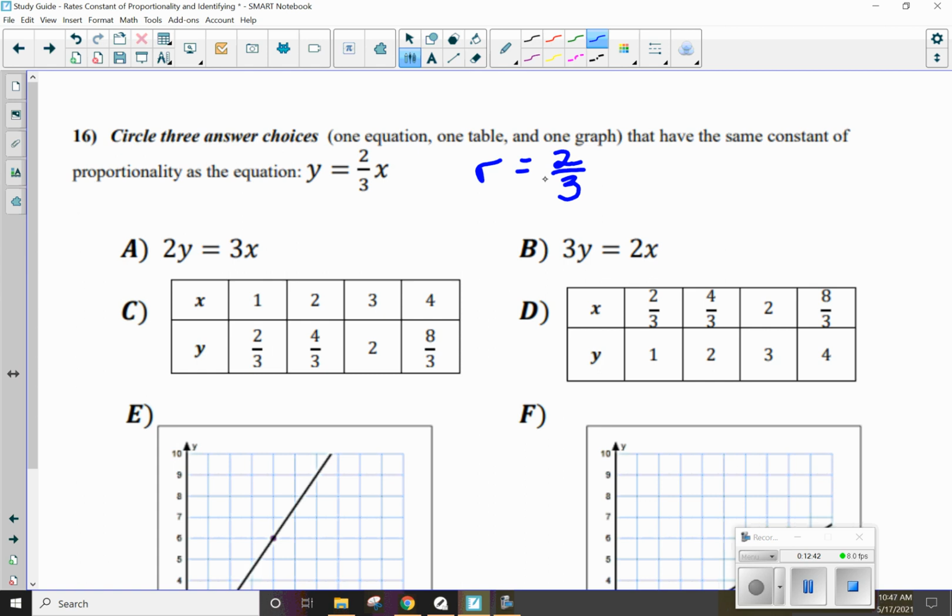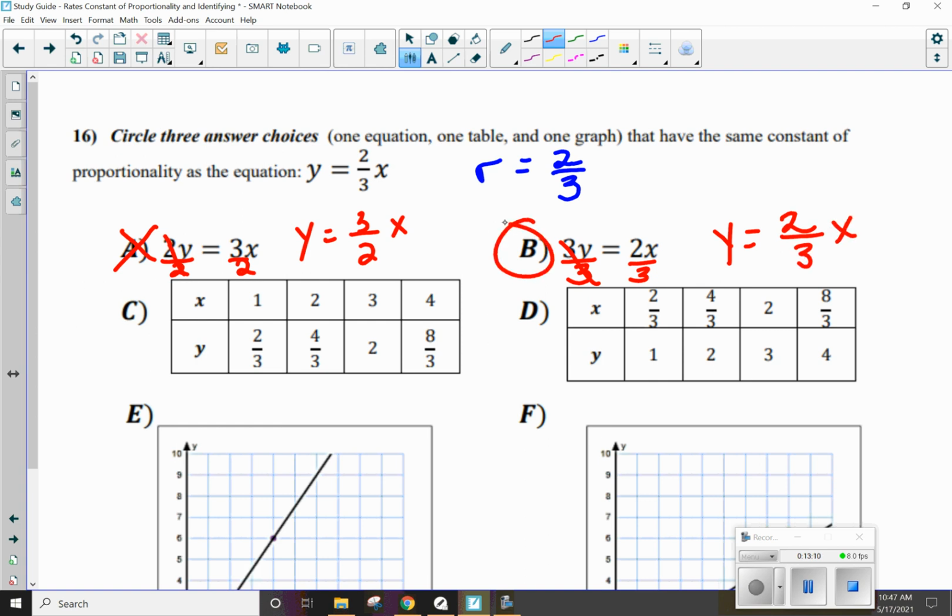Looking at A, remember we can't have a coefficient in front of our variable y, so I'm going to divide both sides by 2. That's going to cancel there, and that's going to leave us with y equals 3 over 2x, and we're looking for 2/3, so it can't be A. Looking at B, we're going to divide both sides by 3, and that's going to leave us with y equals 2/3 x, which is what we're looking for.